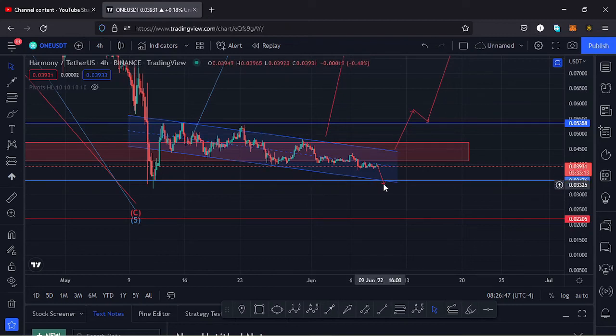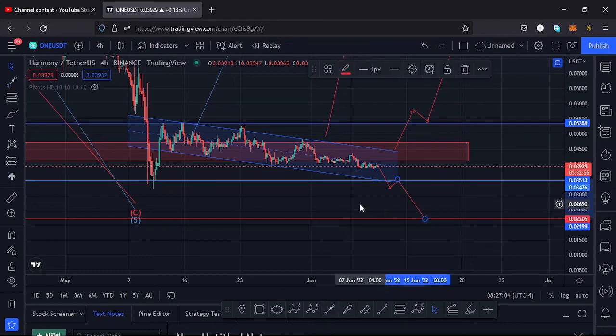And once we lose that other key area of support, that would mean Harmony One will be unlocking even lower prices. If we break below it and maybe even have a retest of that area, that would take us to around the $0.02 mark, and that would be the worst case scenario for Harmony One, and I hope that won't play out.